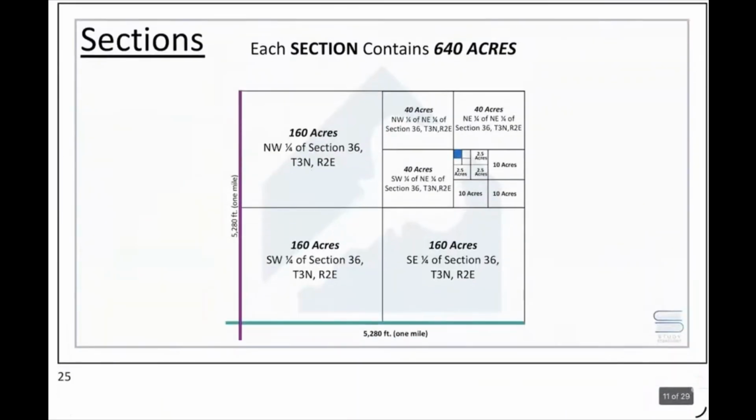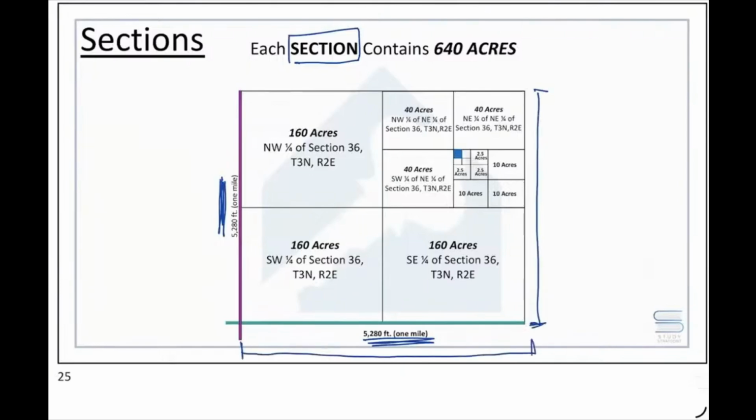So now you got this 1 mile by 1 mile piece of land because it's a section. This is 1 mile from here to here, and it's 1 mile from here to here. That is a lot of land. And just in case you don't understand how much it is, it's 640 acres.